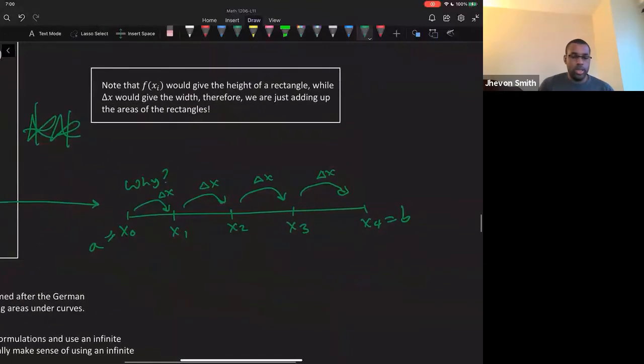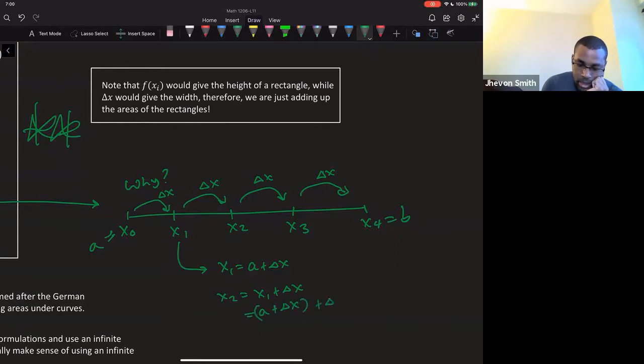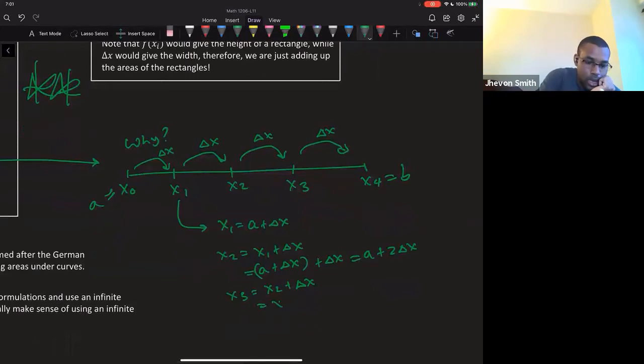So what you can do is, if you want to find this point here, your x1 is going to be a plus delta x. And your x2 is going to be your x1 plus delta x. But your x1 is a plus delta x, so this ends up being a plus 2 delta x. Then your x3 ends up being x2 plus delta x, but x2 is a plus 2 delta x, so this ends up being a plus 3 delta x.